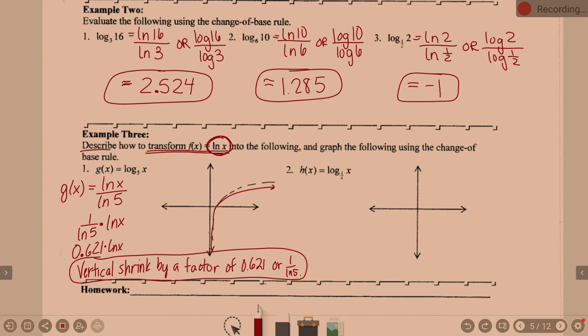And what you could do to see the comparison on your calculator is graph natural log of x and graph whatever this one was. So if I graph natural log of x as my first one, and then I'm going to do it as 1 over natural log of 5 times natural log of x.